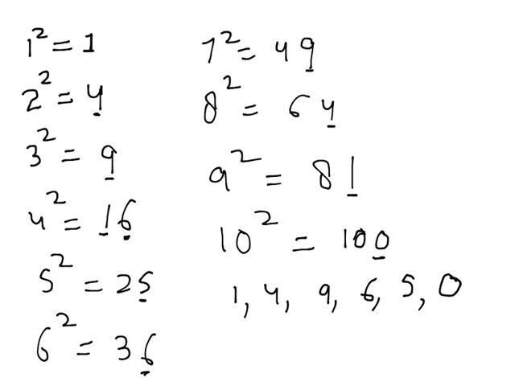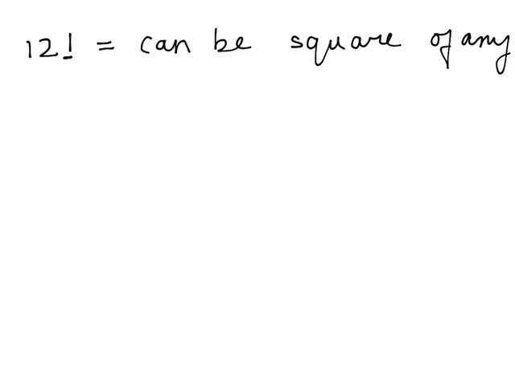Like if we have 121, here in the unit place we have 1. We check: 1 squared has 1 at the unit place, and 9 squared also has 1 at the unit place. So we can say that 121 can be the square of some number. We cannot be sure, but it can be.